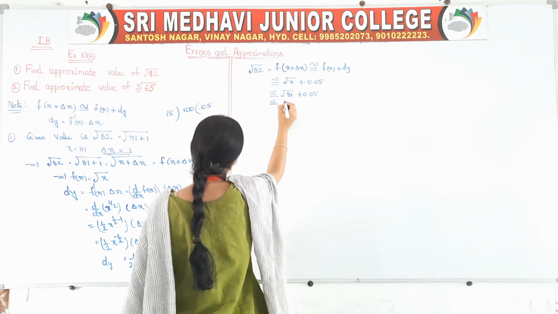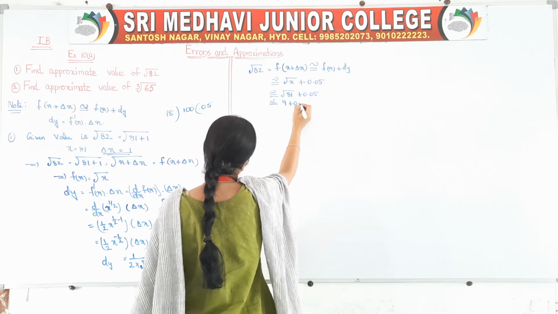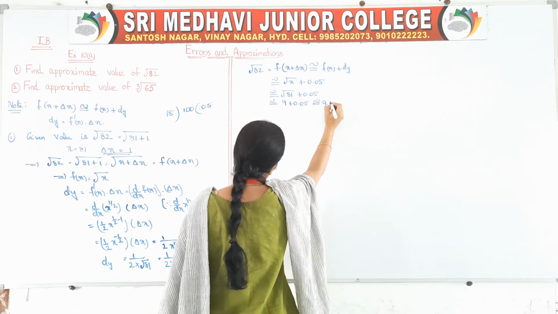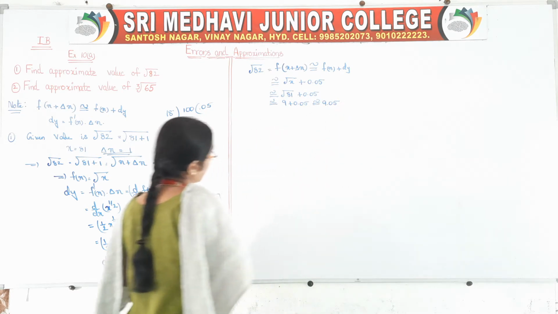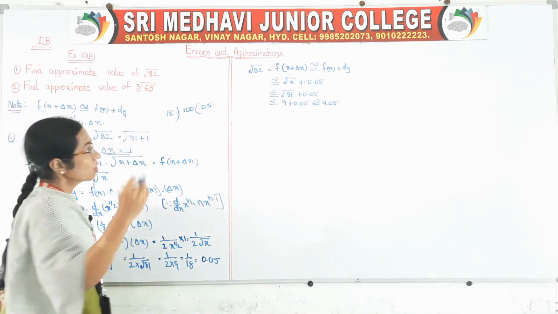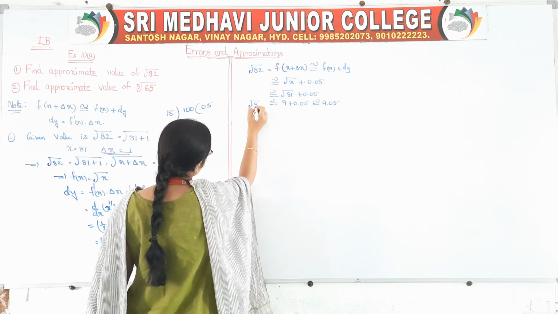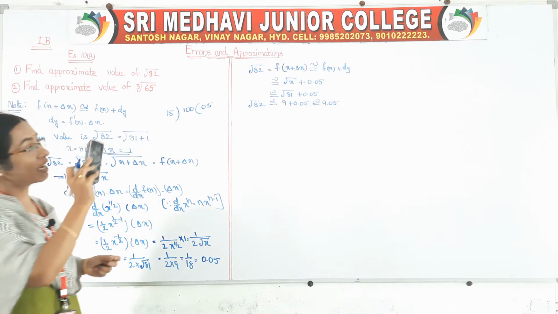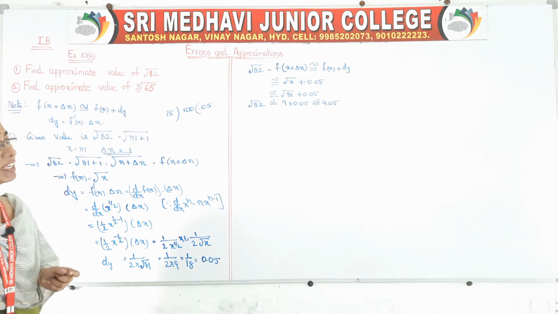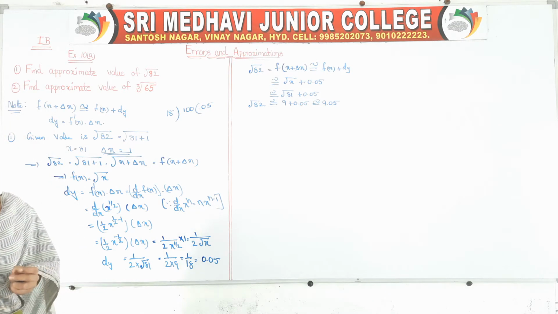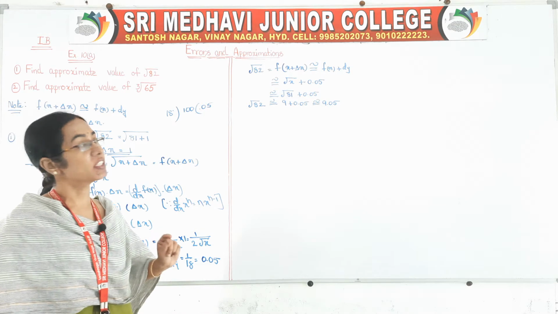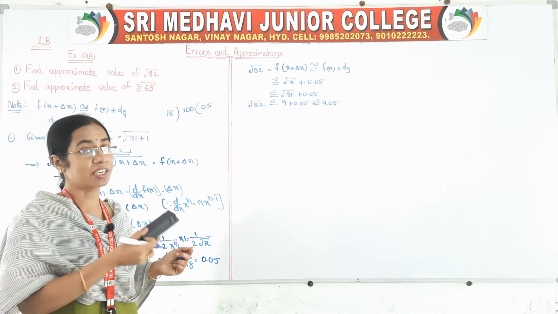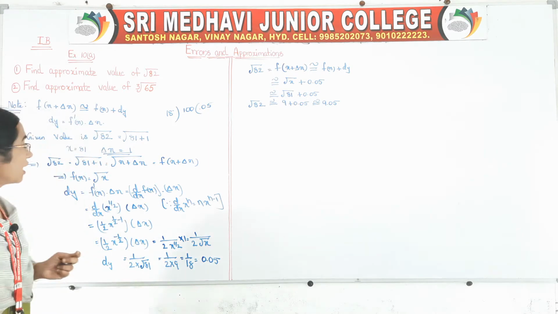So approximately 9 plus 0.05, which is approximately 9.05. That is the answer: root 81 is 9, so root 82 is approximately 9.05. This is the procedure to find approximate values of square roots. If cube roots are given, then we have to solve like this.